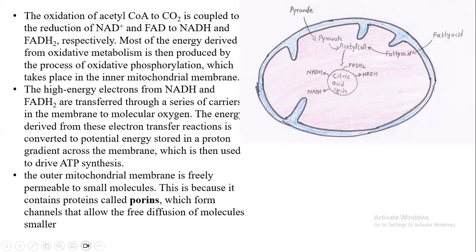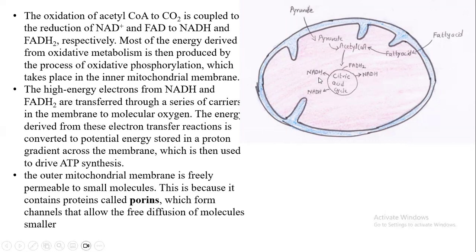So the oxidation of acetyl-CoA to carbon dioxide takes place in the mitochondria through the citric acid cycle or TCA cycle. The objective of the citric acid cycle is to generate reducing equivalents in the form of FADH2 and NADH by oxidation of acetyl-CoA.